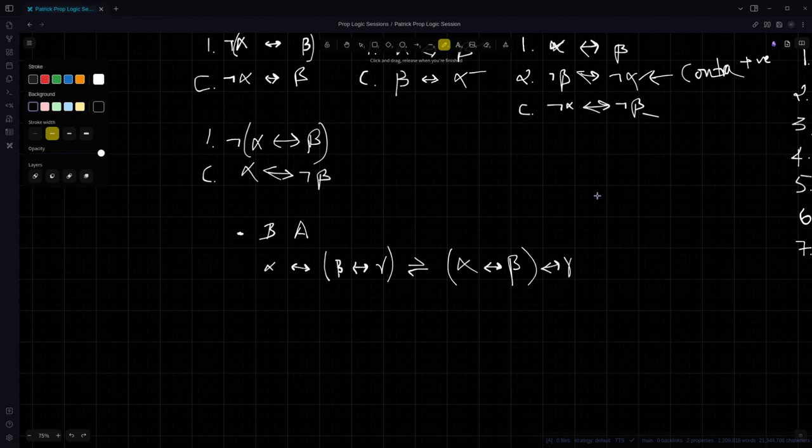Truth trees are really interesting to me personally, because you can basically do any proof with them. Any proof in propositional logic, you can do with truth trees. Any proof in first order logic, you can do with truth trees. But for that, we'll first have to tackle first order logic, which is a giant topic on its own.